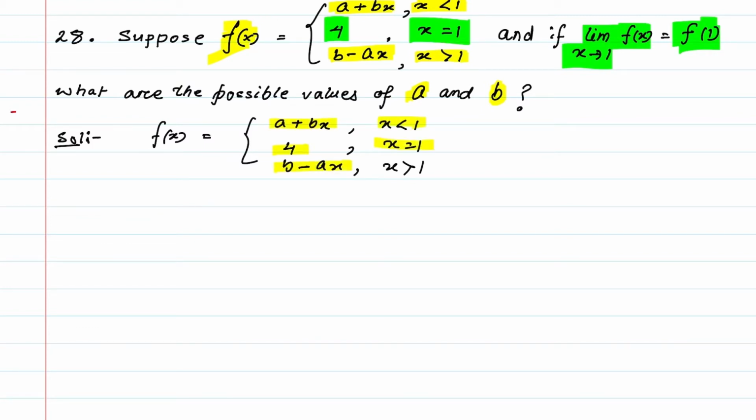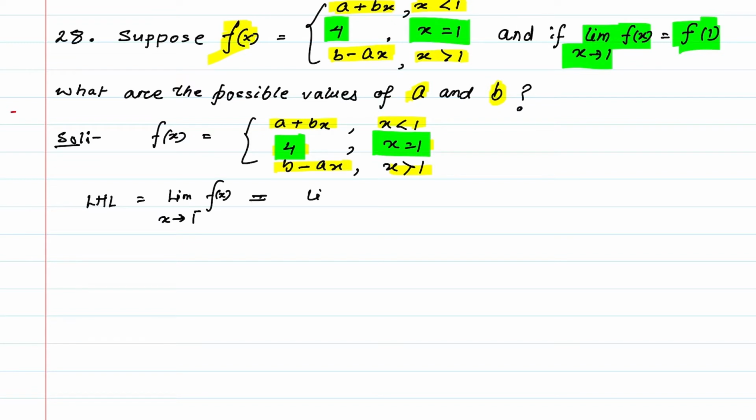Now let us find the left hand limit first. Left hand limit, which is limit of f of x, x tends to 1 negative. That represents the left hand limit.